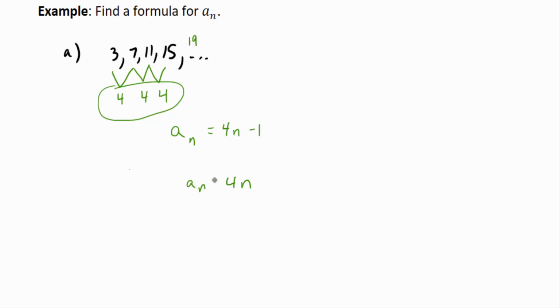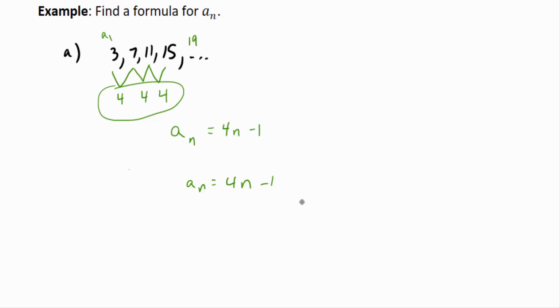You know this isn't going to work because you plug in 1 and you get 4 popping out. You need 3. Make the adjustment. Oh, if I subtract 1, let me try it. If I plug in 1, do I get 3 popping out? I do. 4 times 1 minus 1 is 3. If I plug in 2, do I get 7 popping out? Yeah, 4 times 2 minus 1 is 7. If I plug in 3, I do get 11. And so you know that works.